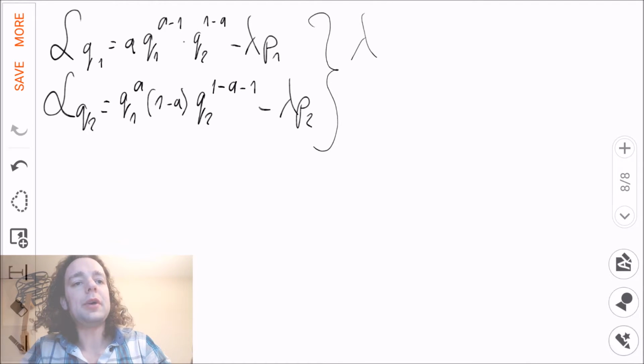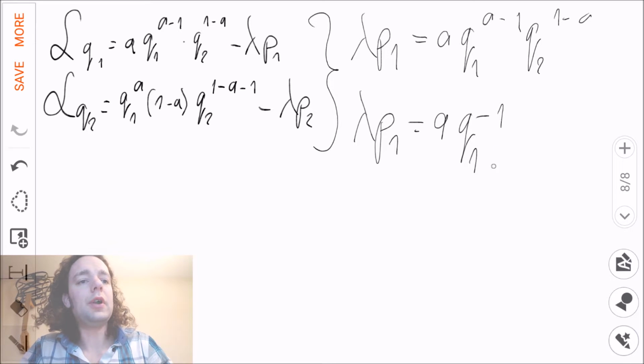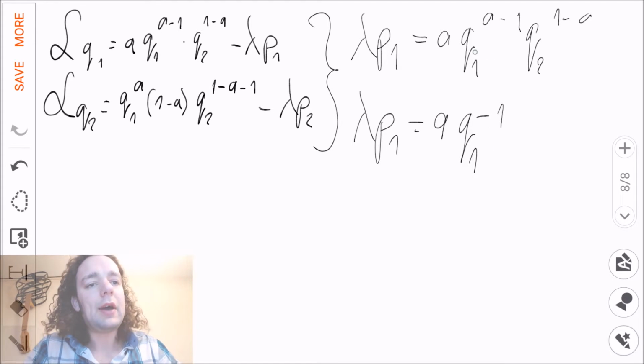So we get lambda P1 equals A Q1 to the power A minus 1, Q2 to the power 1 minus A. We can actually rewrite this, lambda P1, and then we equal it to A, Q1 to the power minus 1. And then let's see what we have left, right? This minus 1 is gone now.